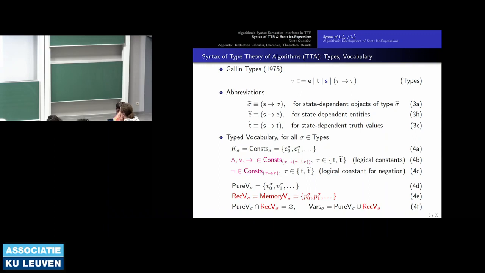Pure variables are those that we know for quantification, lambda abstraction, and so on. Here, the recursion variables separate the assignments. They're special variables that model the variables in the memory of computers.